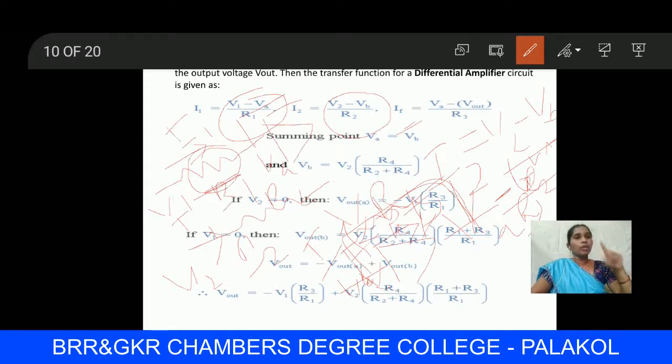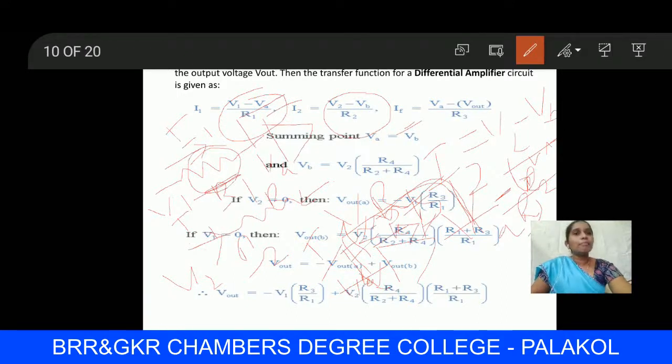The current in R1 is V1 minus VA divided by R1, I2 is equal to V2 minus VB divided by R2, and IF is equal to VA minus V out divided by R3. Because it is a negative feedback, we use VA minus V out divided by R3.